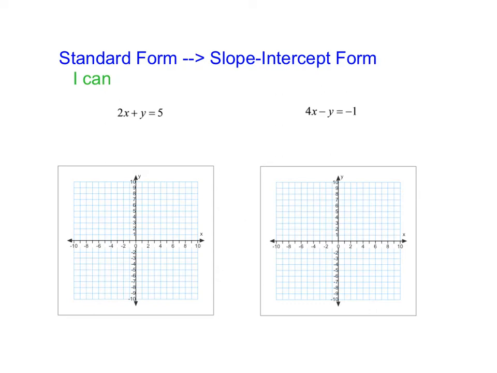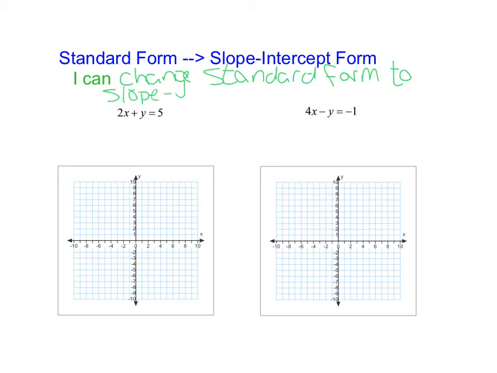We have learned how to graph in slope-intercept form, but not every linear equation is given to us in slope-intercept form. So today we're going to learn how to change standard form to slope-intercept form and graph.